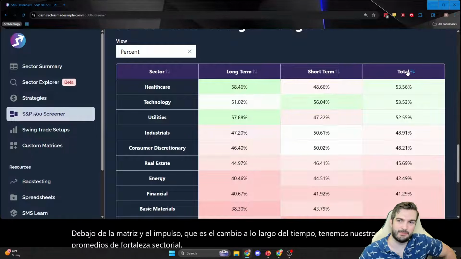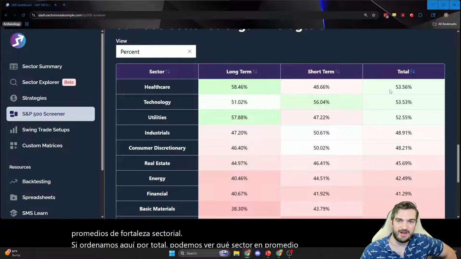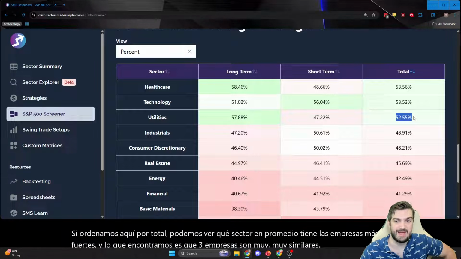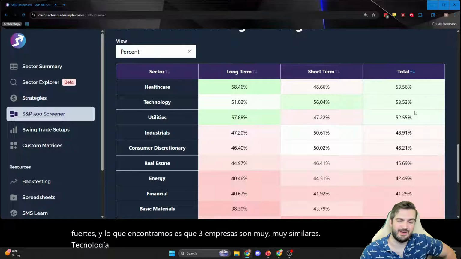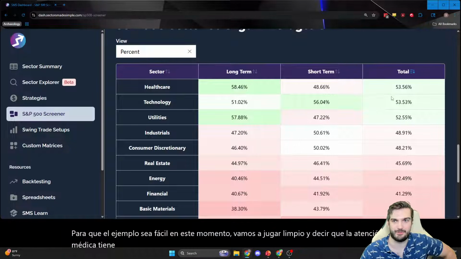If we sort here by total, we can see which sector on average has the strongest companies. And what we find is three sectors are all very, very similar: healthcare, technology, and utilities. To keep the example easy right now, we're just going to play it fair and say healthcare has the highest number. That's the sector we'll filter by.